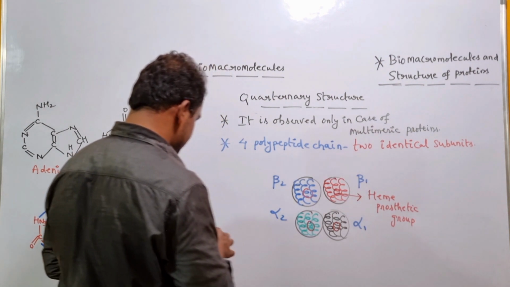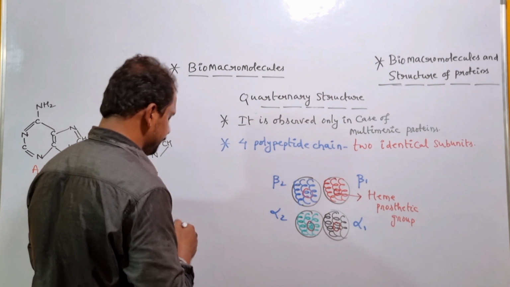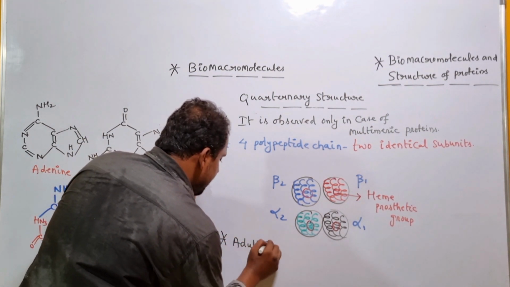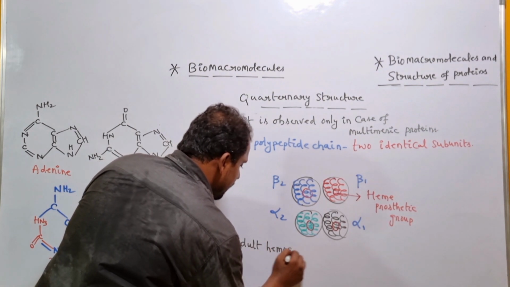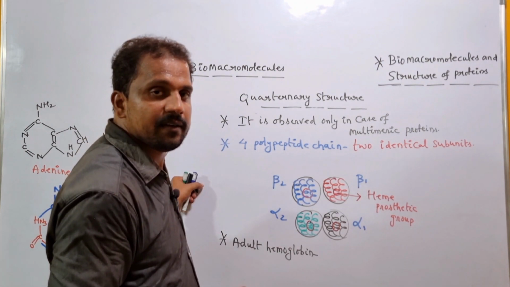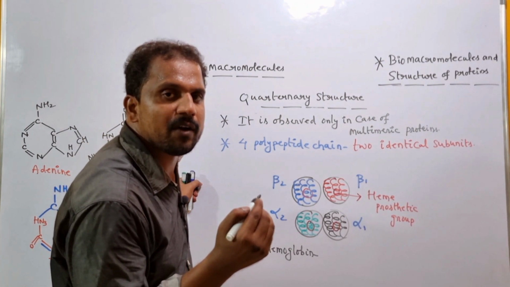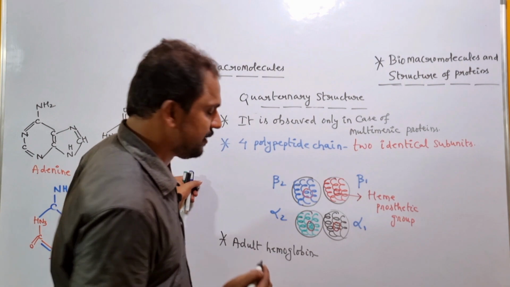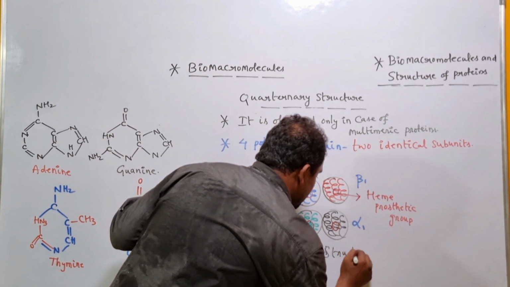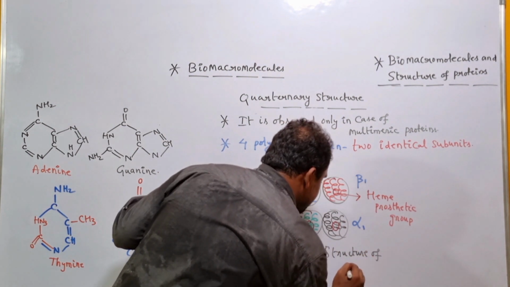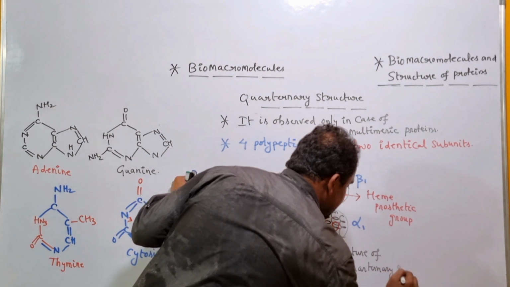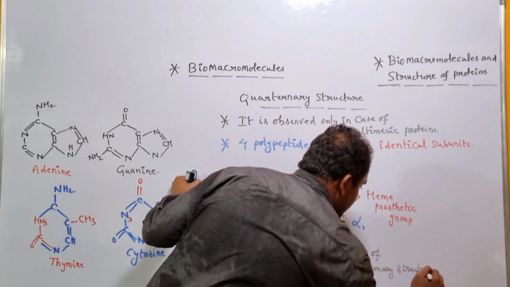Adult hemoglobin is the desirable protein to study the quaternary structure of protein.